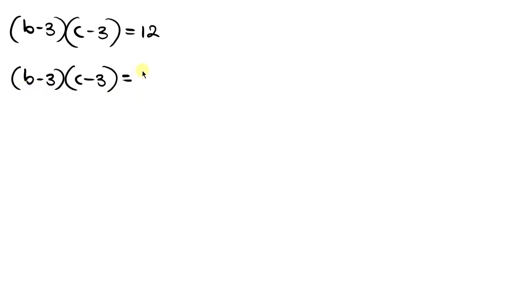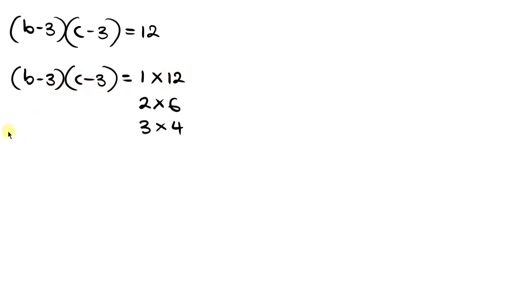So this is 1 times 12. Another factor of 12 is we have 2 times 6. And we have the last one, 3 times 4. That's it. So we're going to be pairing the smaller factor to B minus 3. I'll be pairing the bigger factor to C minus 3.